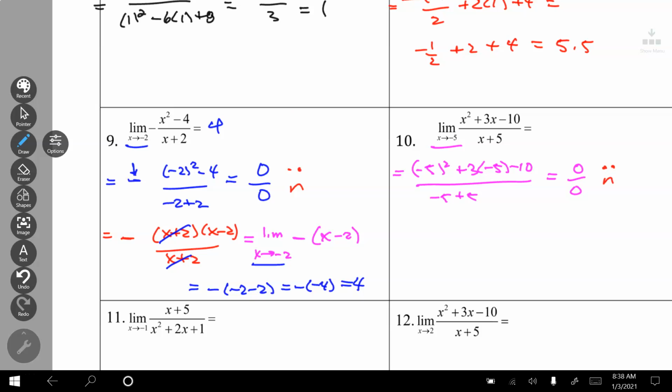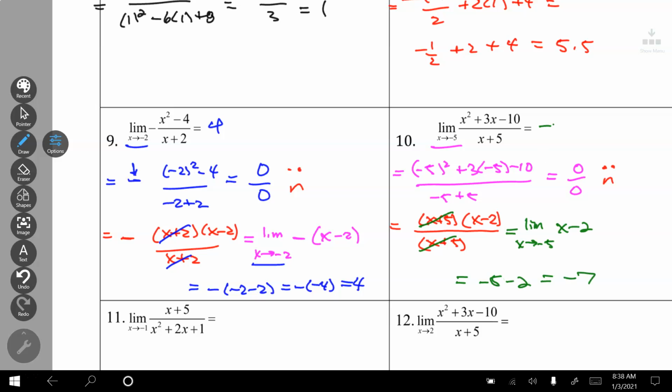I get a sad face, so when I factor this, I know I have x plus 5 on the bottom, and since I get 0 over 0, I better have an x plus 5 on top, and I do, because then I get x minus 2 when I factor it. These cancel. I still have this limit as x goes to -5, but the only thing left over is x minus 2. So now when I plug in -5, I get a result of -7.